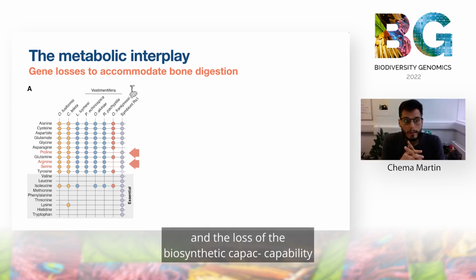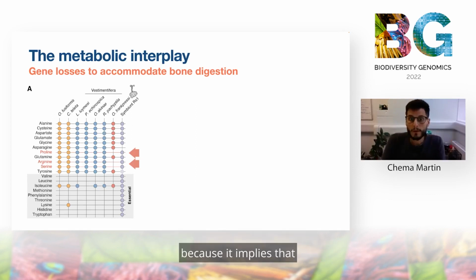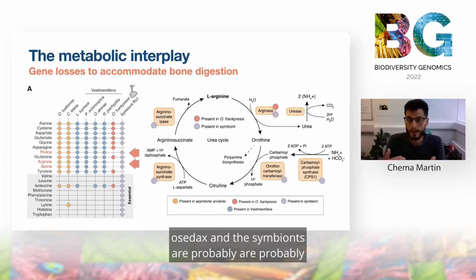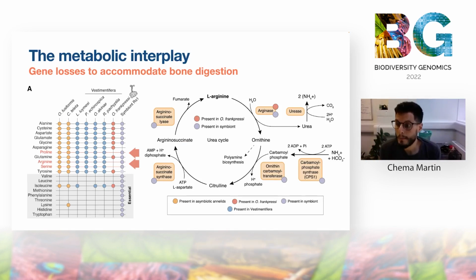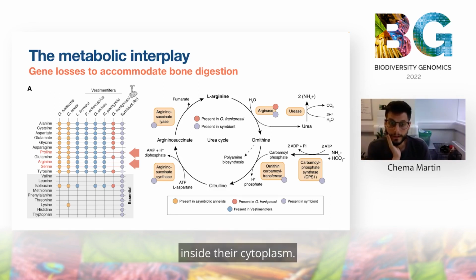And the loss of the biosynthetic capability for arginine is actually quite interesting because it implies that Osedax and the symbiont are probably in a high concentration of ammonium inside their cytoplasm.